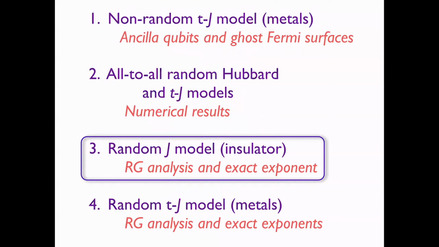Okay, so topological order was a loose word, but more precisely what you need are emergent gauge fields. You need some low energy gauge fields to violate the Luttinger theorem. And that can happen in any dimension. The other point is that in the large dimension limit, first of all, it's random. There is no concept of a Fermi surface, but you can have some sense of low carrier density versus high carrier density.